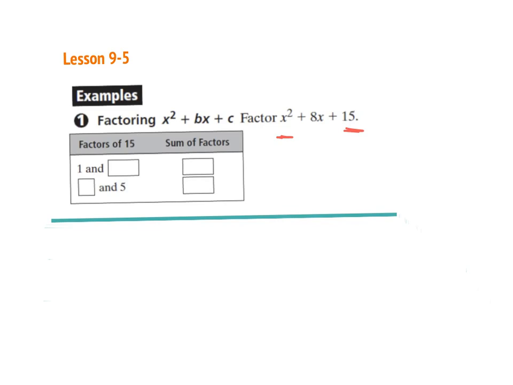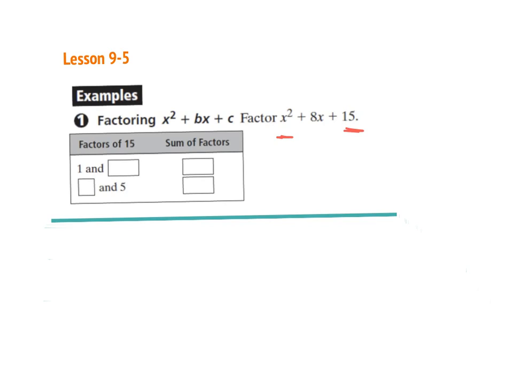And remember, we usually combine like terms from our outers and inners to create that middle term in our trinomial. So we want to start thinking about factors of 15 that will add up to 8, okay?